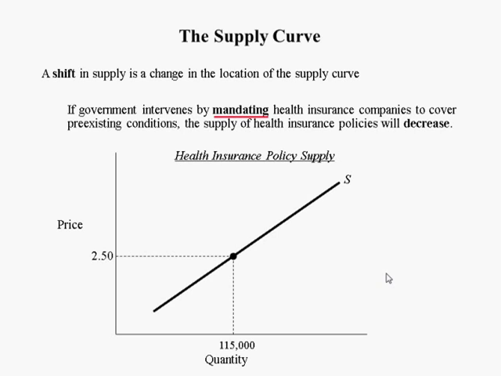Now, why is that? Well, mandating that insurance companies cover pre-existing conditions is like the government mandating that home insurance policies cover homes that were knocked down by tornadoes. So if homeowners know that they can buy a homeowner's insurance policy, tornado insurance, after their home is knocked down by a tornado, well, that's a pre-existing condition, right?